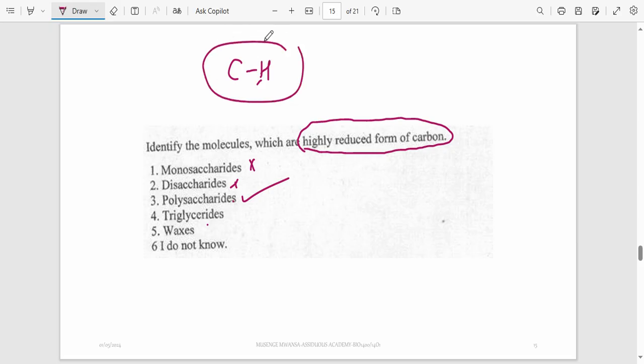Highly reduced means you have got a lot of hydrogens attached to a carbon. So you are looking at molecules which have got the highest number of hydrogens. Which molecules have got the highest number of hydrogens?